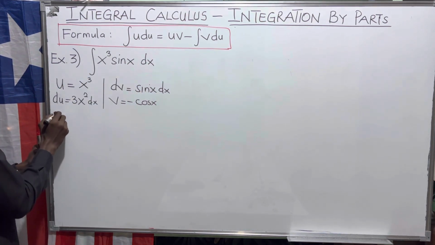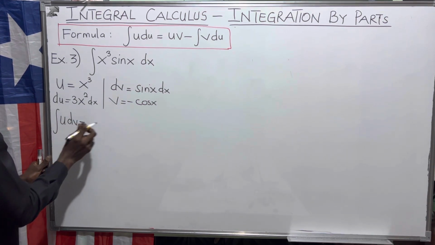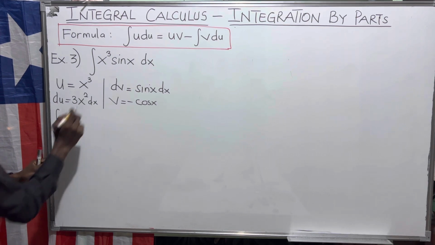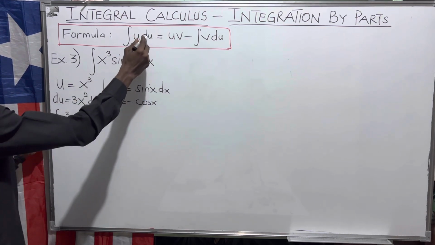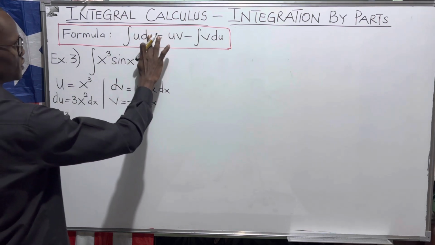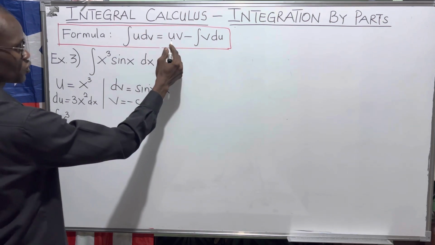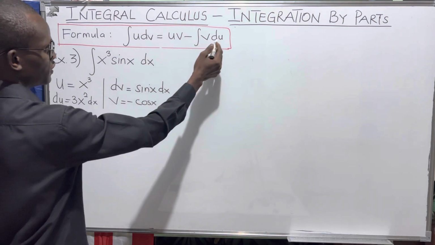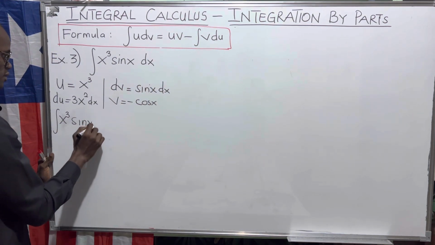So we'll go to the problem. The problem says the integral of u dv equals uv minus the integral of v du. What is u? U is x cubed. And dv is sine of x dx.